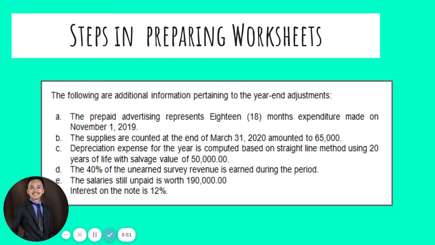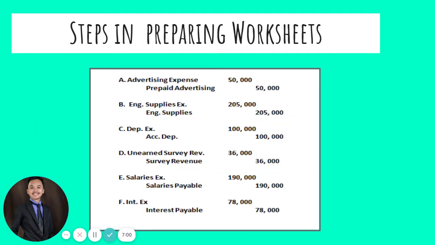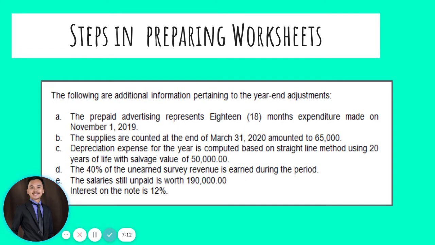that amount to 65,000. So again, you simply compare it with the beginning balance of our supplies to compute the amount of supplies that has been used. So therefore, we have engineering supplies expense debit for 205,000 and credit to engineering supplies for 205,000.